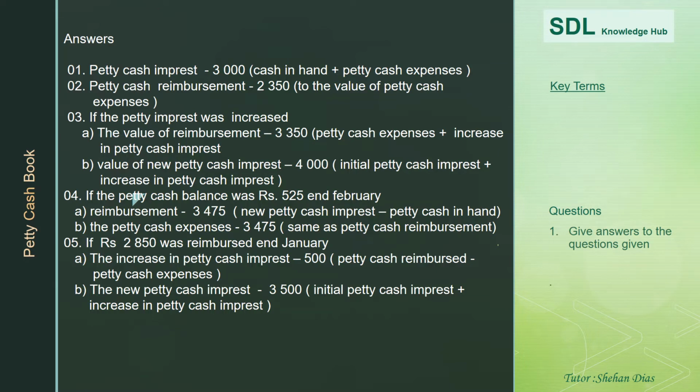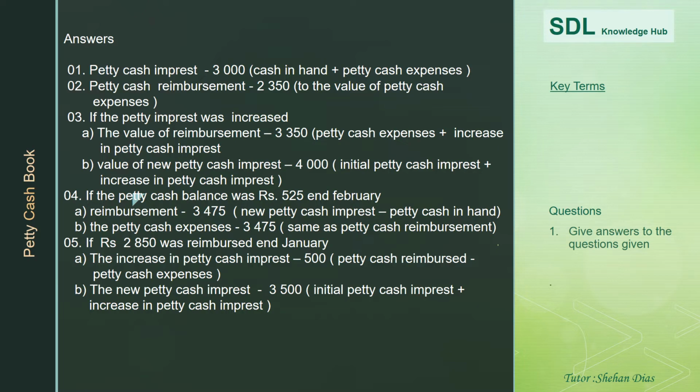Then we are asked, if the petty cash balance was 525 at the end of February, what would be the reimbursement? Based on the new petty cash imprest, the reimbursement will be 3475. That comes from the new petty cash imprest minus petty cash in hand, which is 525.